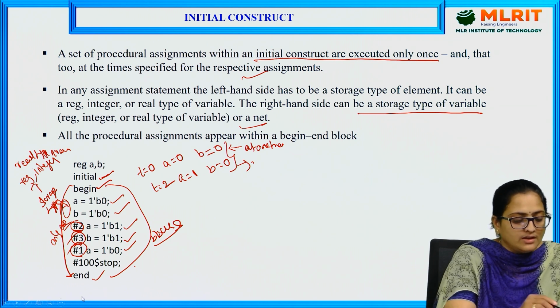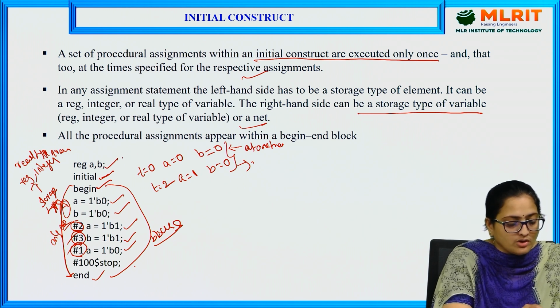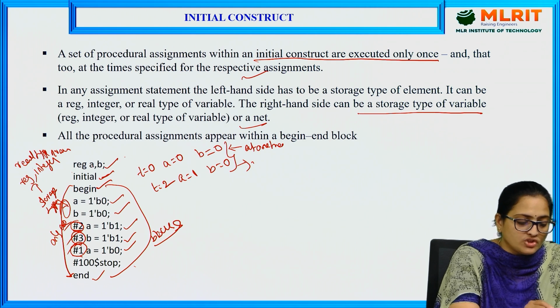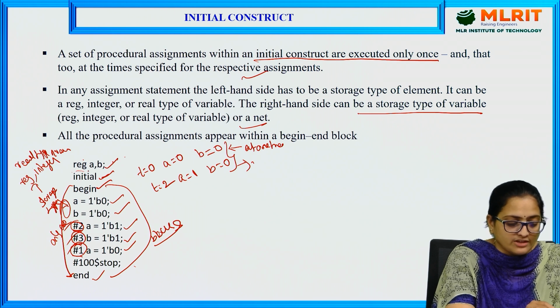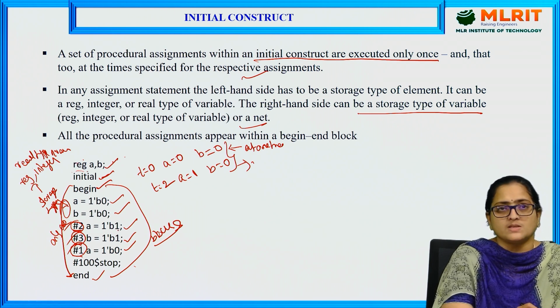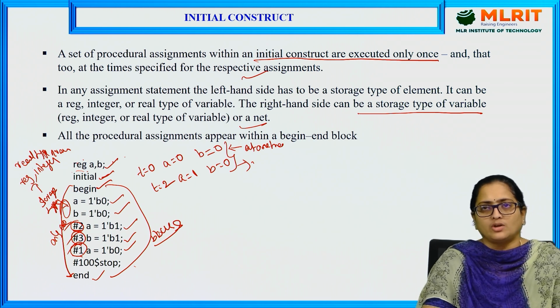And the LHS may be either a register, or an integer, or a real type. Here in the example, we have taken reg a, b, that is A and B are represented with registers, and these registers are going to be assigned specific 1-bit binary values with respect to time.